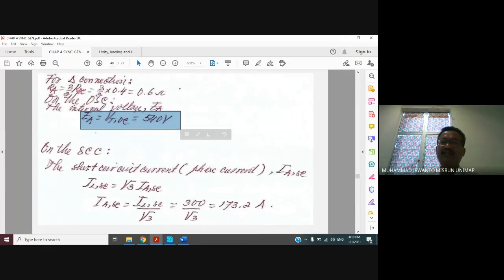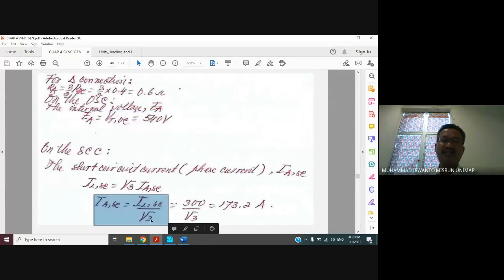And the short circuit for the delta connection, remember, line current is equal to square root of 3 times phase current. In here, line current is equal to square root of 3 times armature current. So from the short circuit line current, IA short circuit is IL over square root of 3.